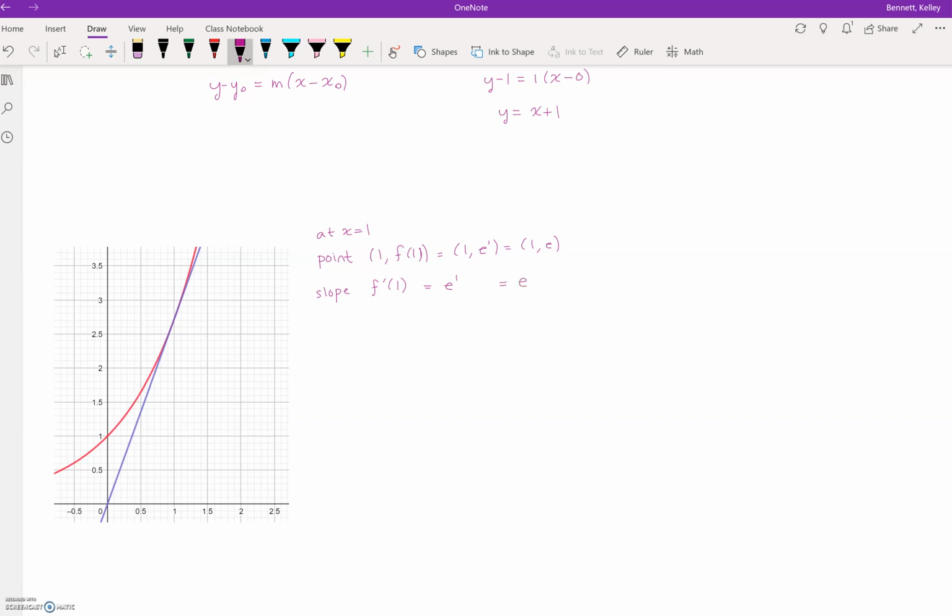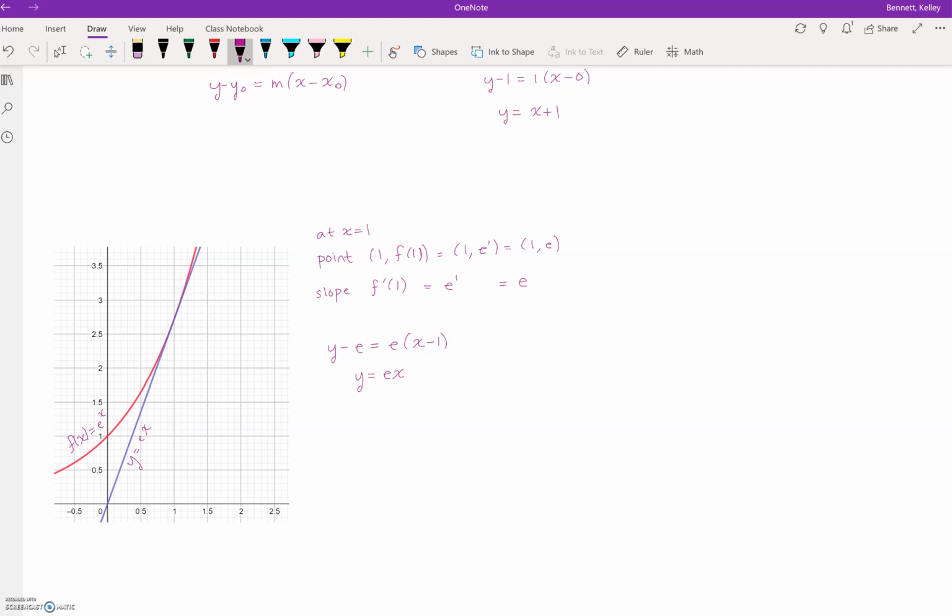So now we use our point slope form. We get y minus e equals our slope, which was also e, times x minus 1. If we simplify that, we just get the line equation is equal to e x. So this is y equals ex, and this is still f of x equaling e to the x.